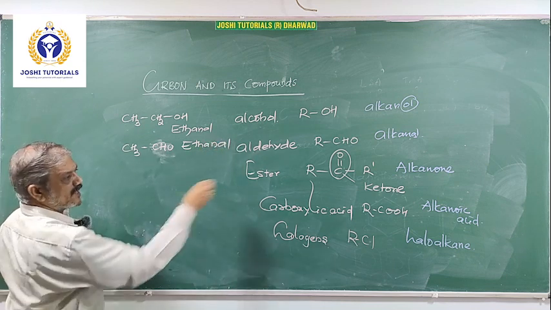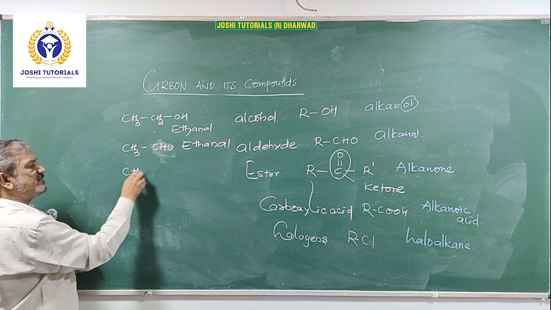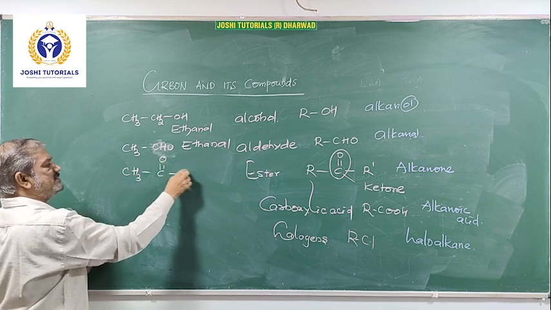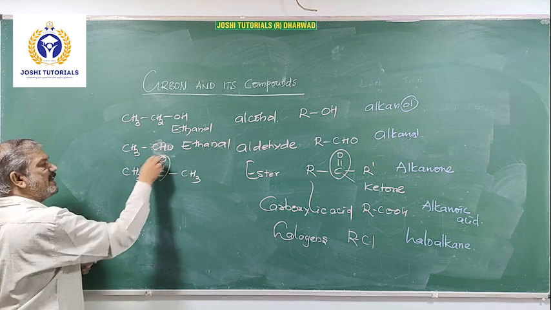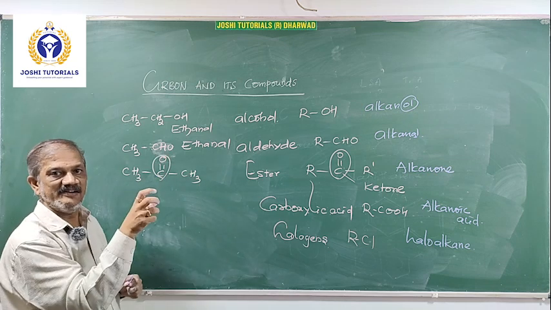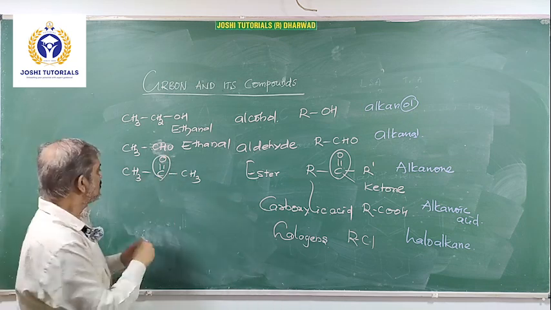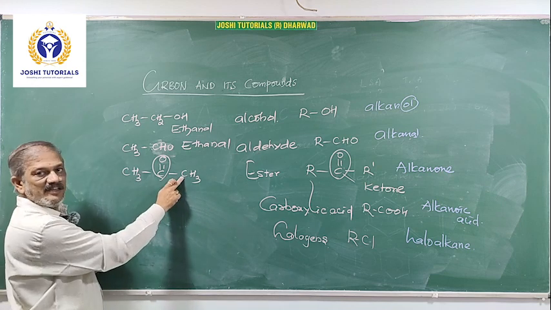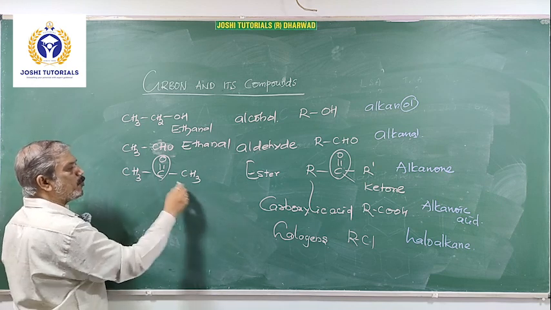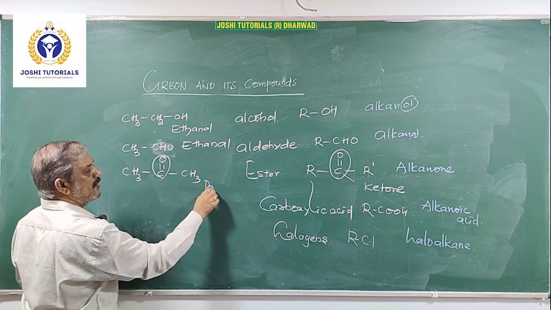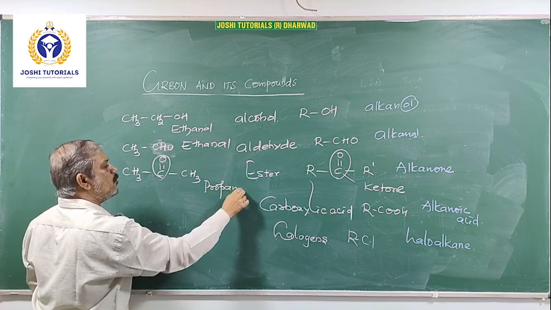If you come to alkanone, CH3COCH3, always ketone is written at the middle, not at the end. So count 1, 2, 3. The name is propanone.